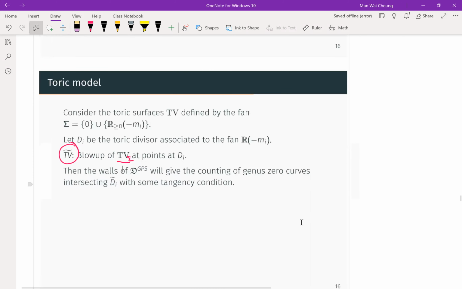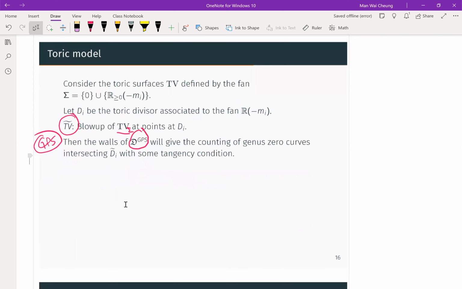And then the scattering diagram we construct, the wall functions give the counting of this, it is Gross-Siebert, and they will give both the tropical curve count and also the counting of genus 0 curves with more conditions. Like when we blow up, we have the exceptional divisors, so they intersect those exceptional divisors and are tangent to the outgoing direction.